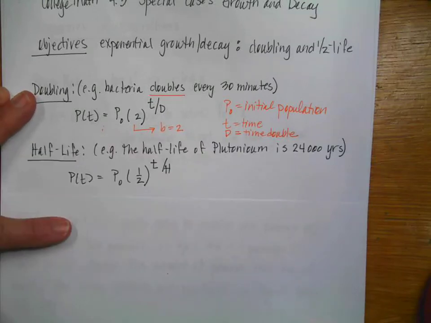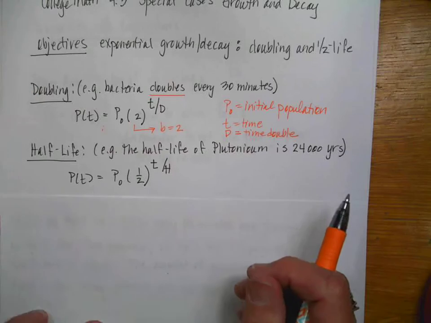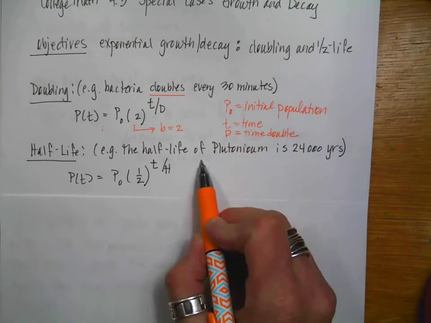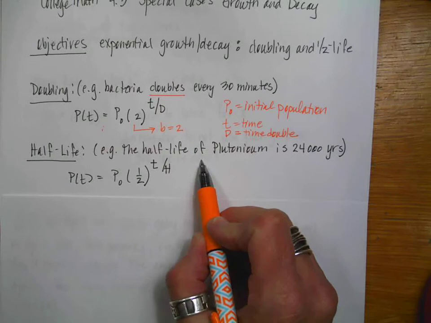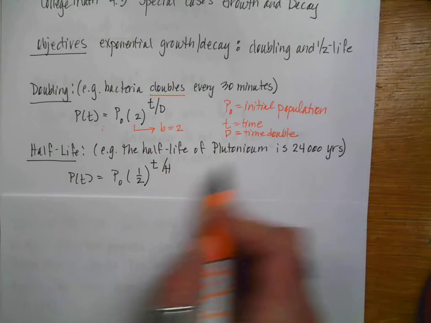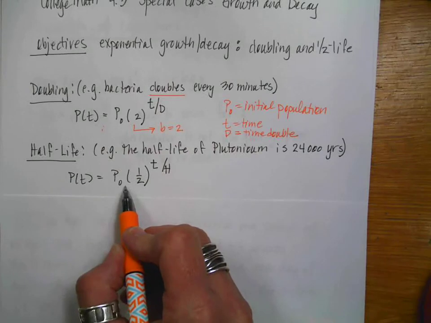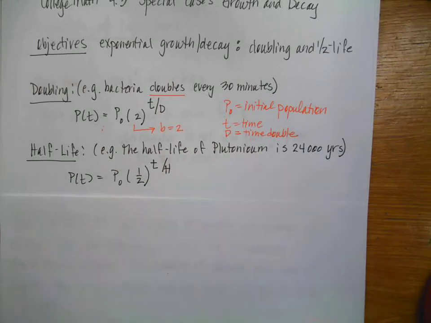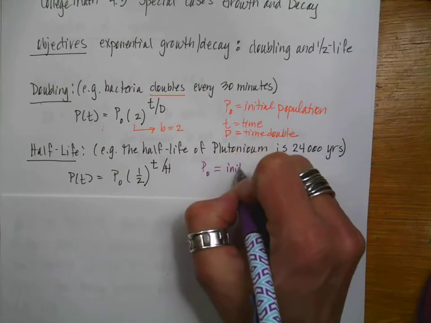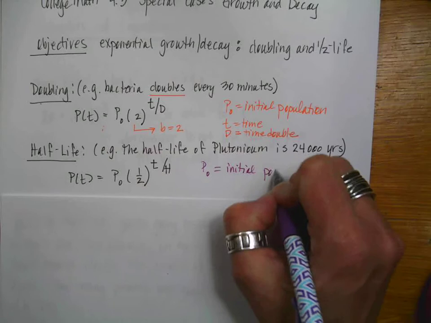Okay. The other example that we're going to talk about today is half-life. And so maybe the example says the half-life of plutonium is 2,400 years. I lied, 24,000 years. And so the formula has changed just a little bit again. So I'll do it in a different color. So p sub 0 is always going to be the initial population.